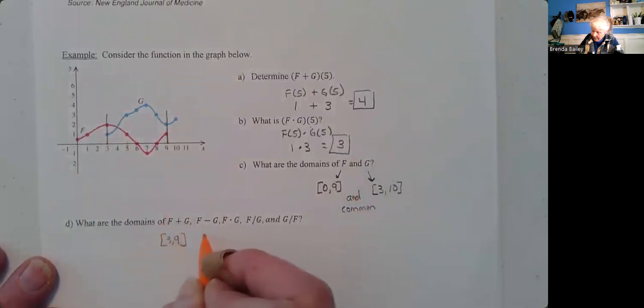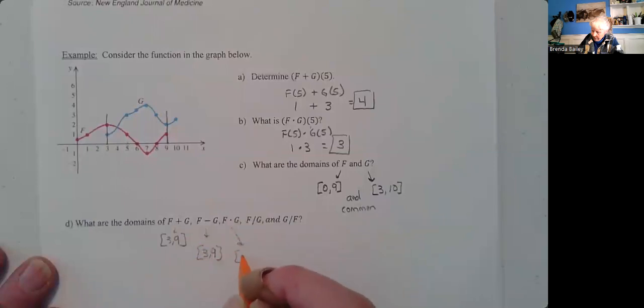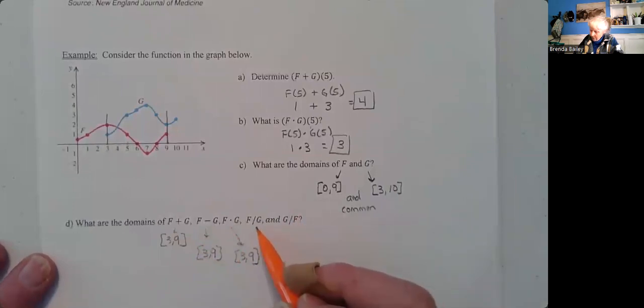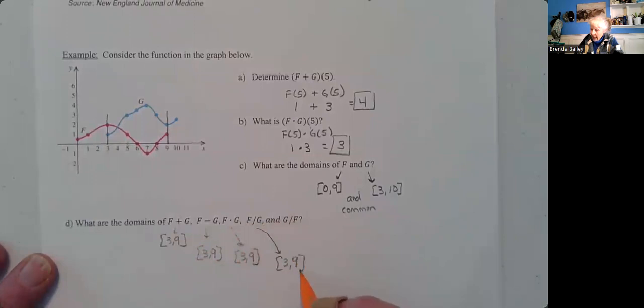Here, 3 to 9. Here, 3 to 9. You see those? And then F divided by G. Oh, this is interesting. F divided by G, 3 and 9, but G cannot be 0. We have to exclude something in this interval.